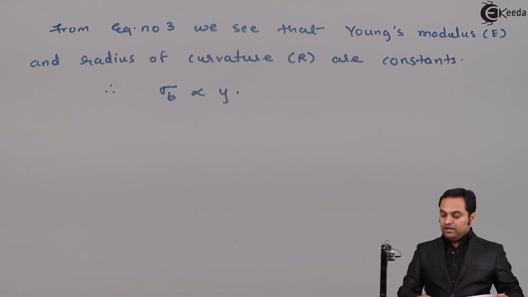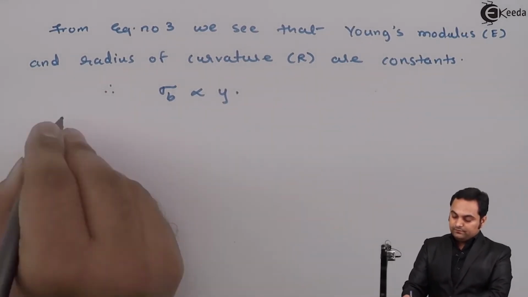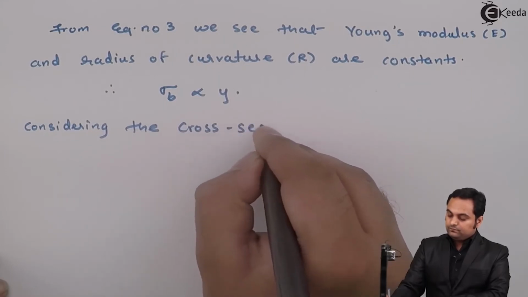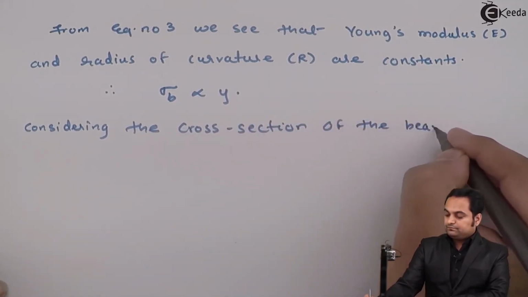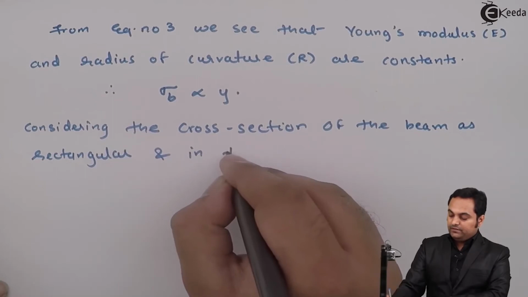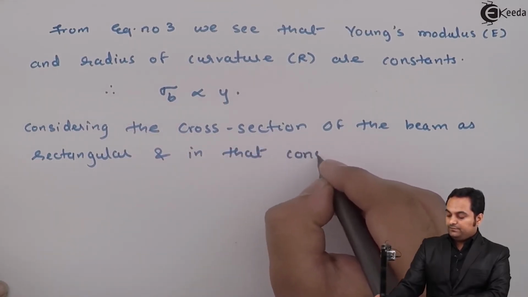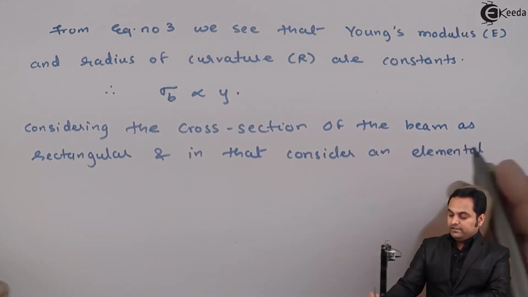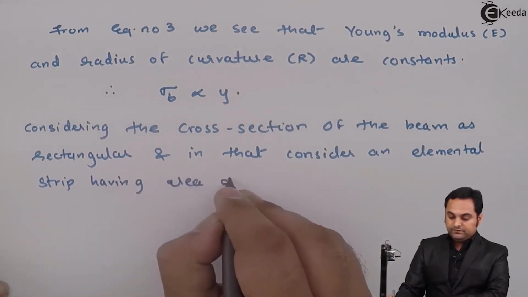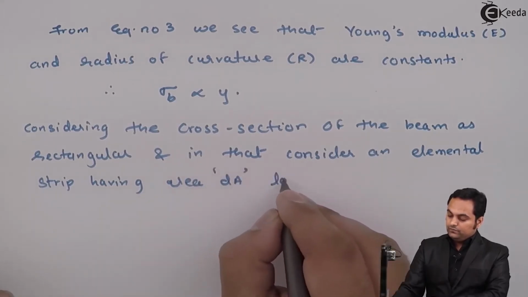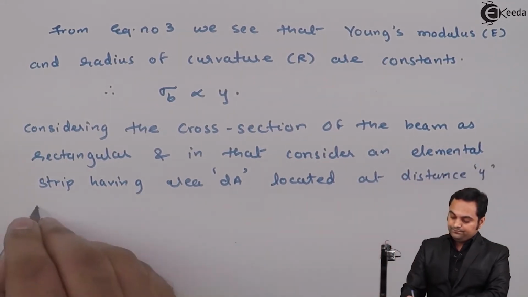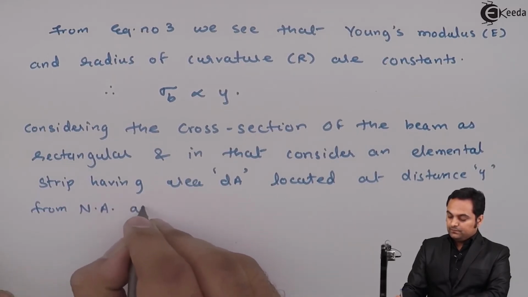Now after reaching this stage, consider the cross section of the beam as rectangular, and in that consider an elemental strip having area dA located at distance small y from the neutral axis, as shown in the figure.